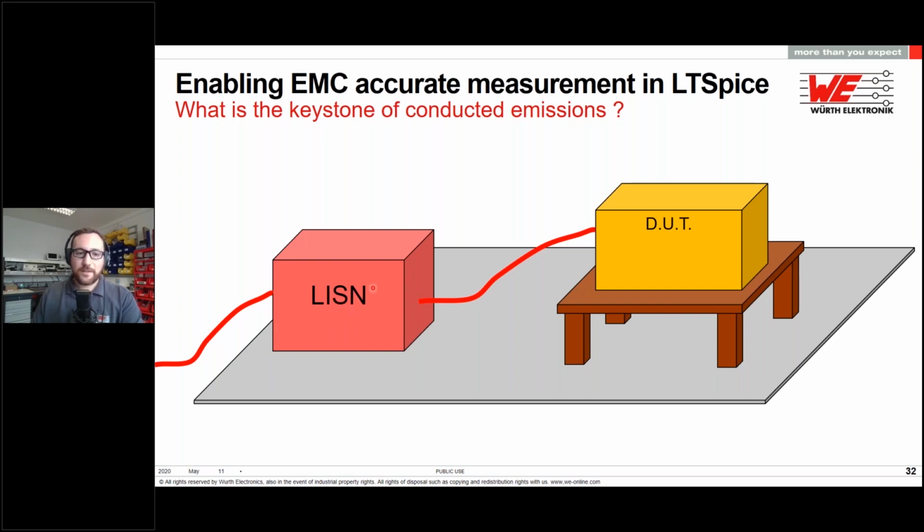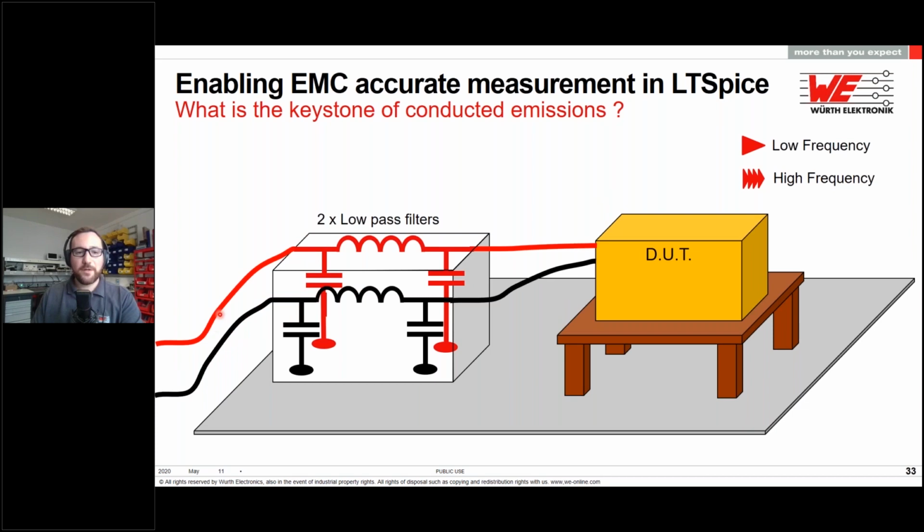Basically, it's the combination of two elements. Two low-pass filters that enable you to power your device under test, and also two high-pass filters. So basically, the high frequency is going through this path.